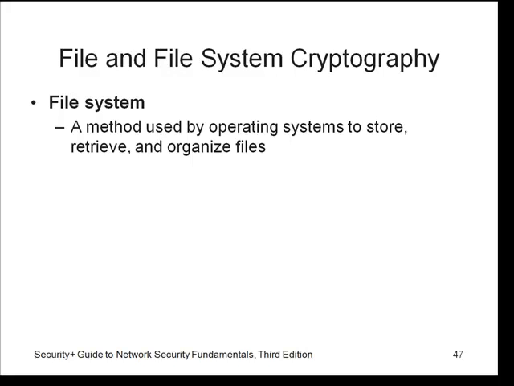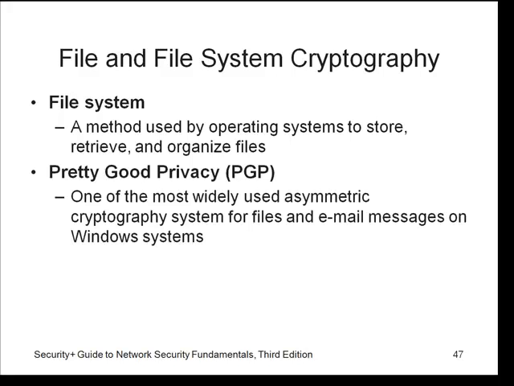File systems, the store and retrieval, we know that. PGP, the one I've been talking about, is one of the most widely used asymmetric cryptography systems, public key, private key, for files and email messages on Windows systems.